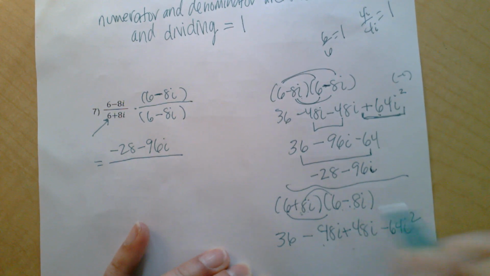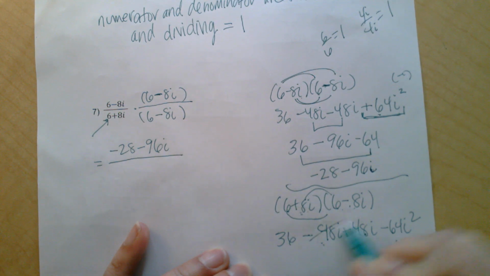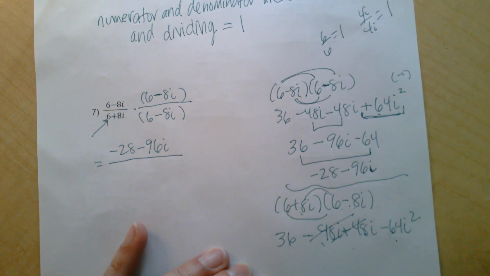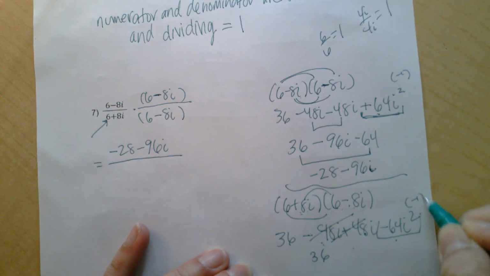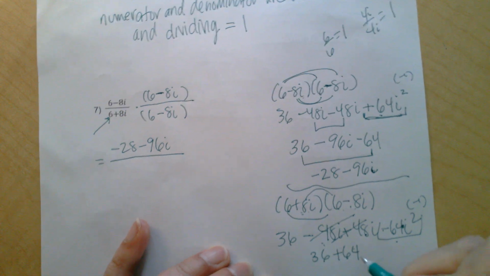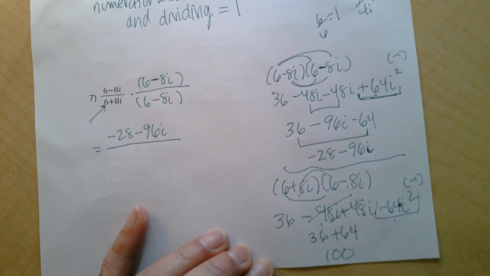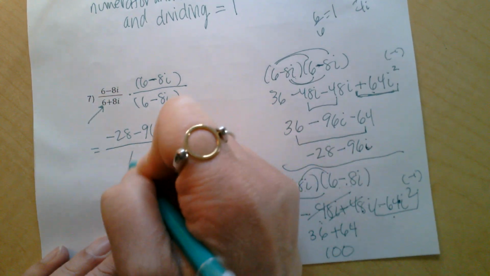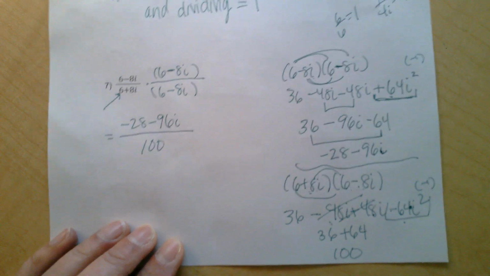Positive times a negative gives you a negative. These two have to be the same but opposite signs, so we can cross them out. We have 36. This is going to change because that's negative 1 and we're multiplying negative 64 times negative 1 to positive 64. Combining that, we get 100. Here's satisfaction. Woo! Love that part.